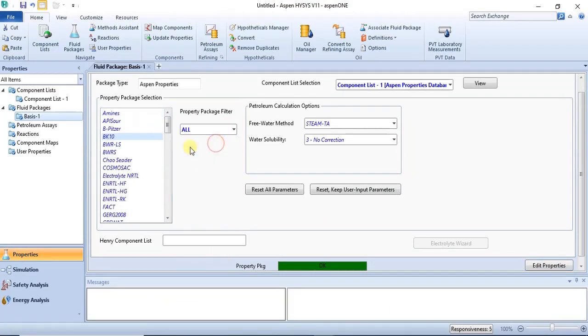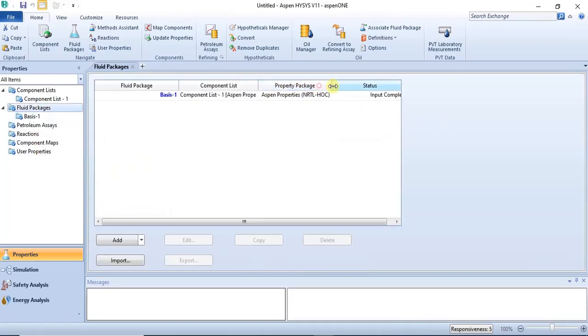All helps you to search for all the fluid packages present in the Aspen database. NRTLHOC, okay, so we have it here. So you just click on it and then it is specified. So we have specified the components and fluid package.